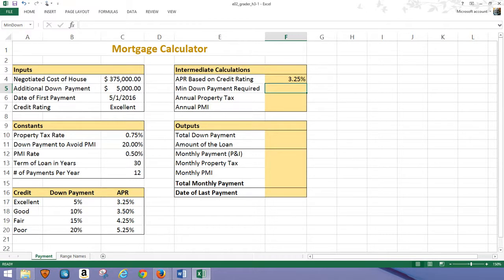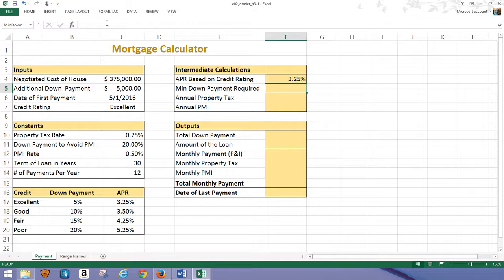And for calculations after closing parentheses. For example, a borrower who has an excellent credit rating is required to pay a minimum of 5% down of the negotiated price. Multiply the function results by the negotiated cost of the house.